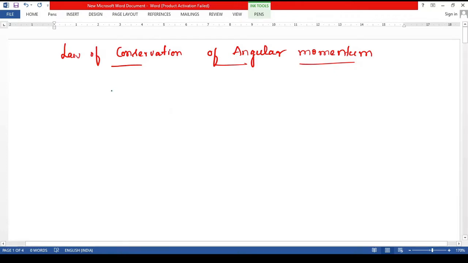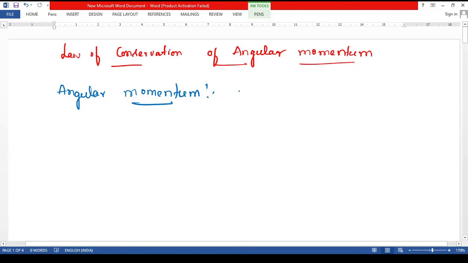First of all, we will discuss what we mean by angular momentum. Moment of linear momentum of a particle about a point is called angular momentum.